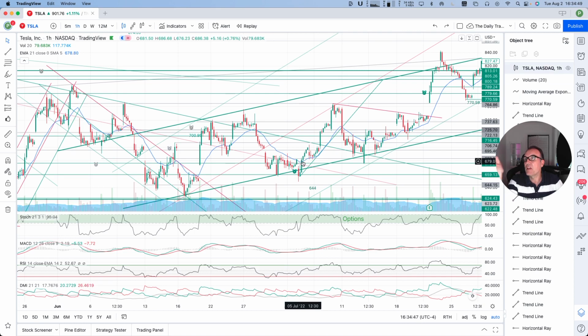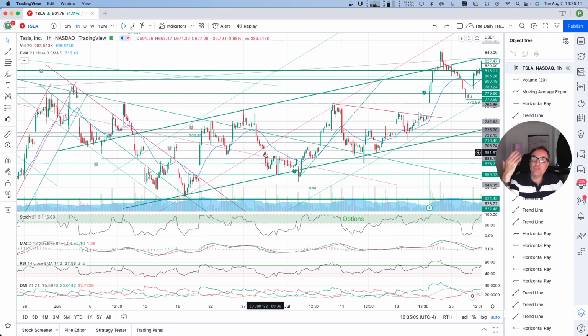It happens. And you would have gotten back in at 680, and you would have sold at 729, and so on. This is just a demonstration of pure technical analysis using only one indicator, which is a moving average.